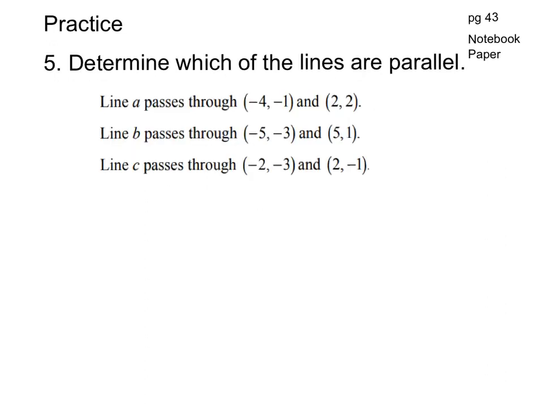For number 5, we're going to find the slope of each of those pairs of ordered pairs, and then we'll compare those slopes to find which ones are parallel. So I'm going to highlight first.